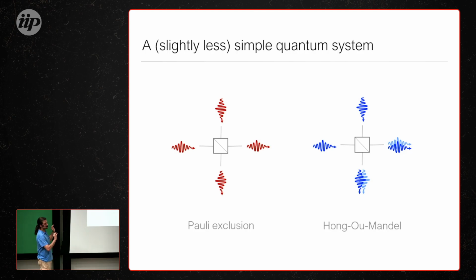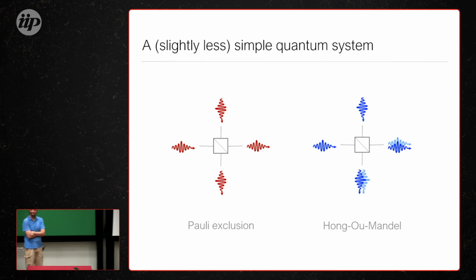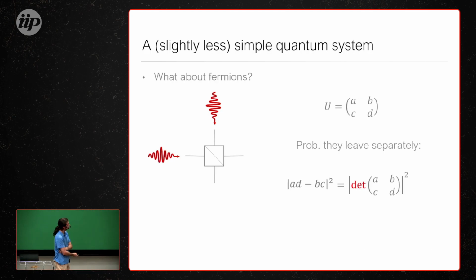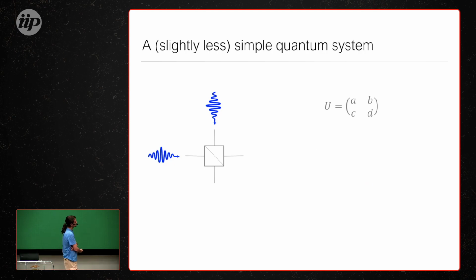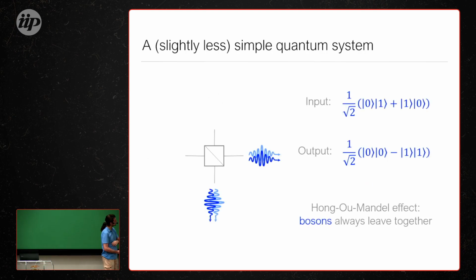Okay, good. Can I ask a question? When you showed one particle in the beginning, it seemed like the input was in the 0 state. Whereas when you put the two particles, the input seemed to be like a superposition. So you have both zeros and ones for the first.